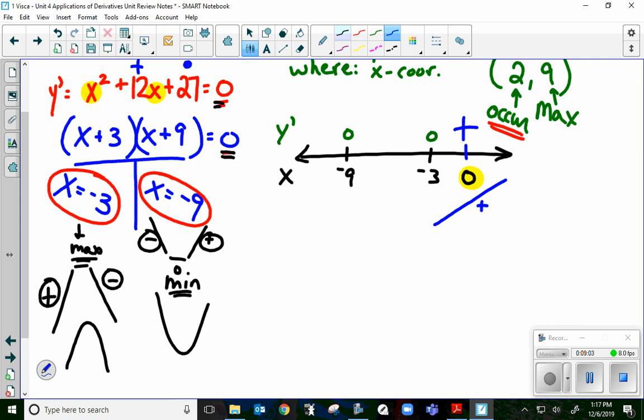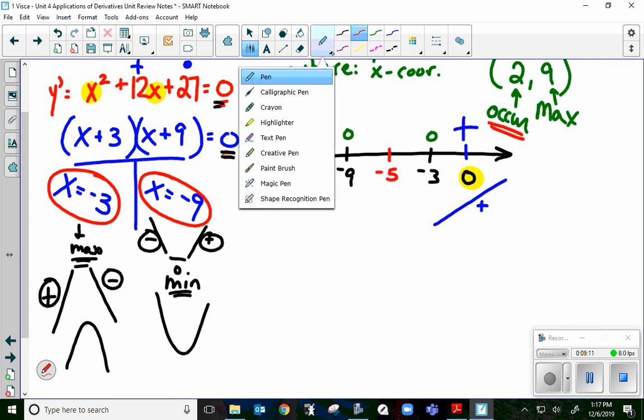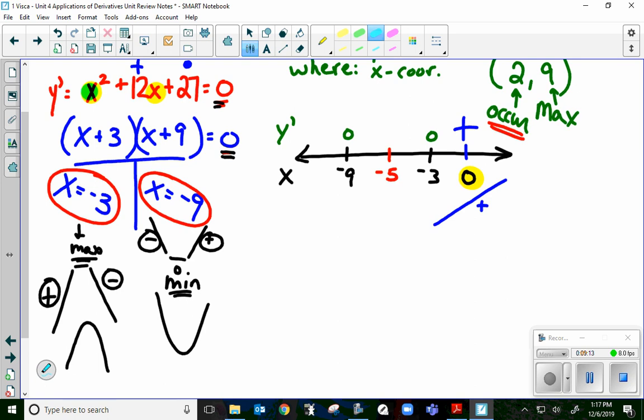All right, let's pick a number in between negative 3 and negative 9. Let's call it negative 5. All right, I'm going to throw negative 5 in for my x value. Okay, so now I've got negative 5 squared. That gives me positive 25, plus 12 times negative 5, that's negative 60, plus 27.